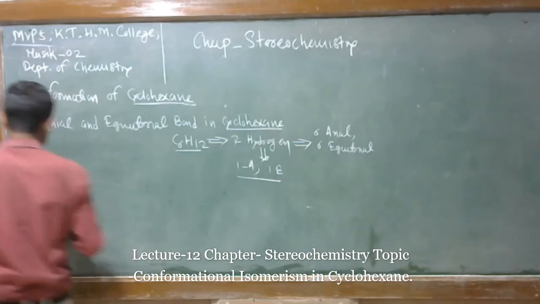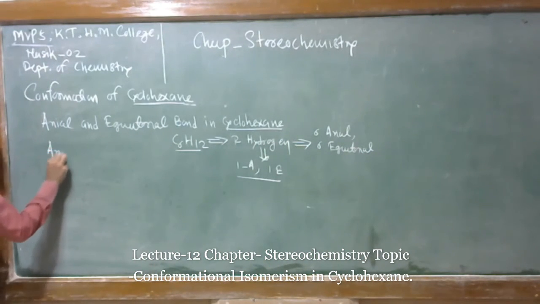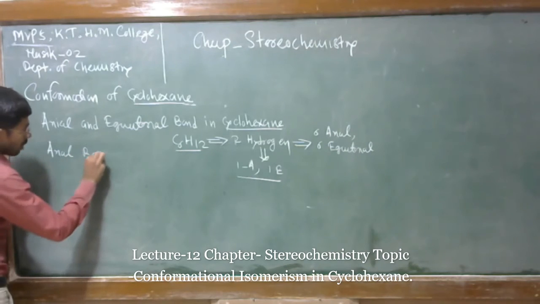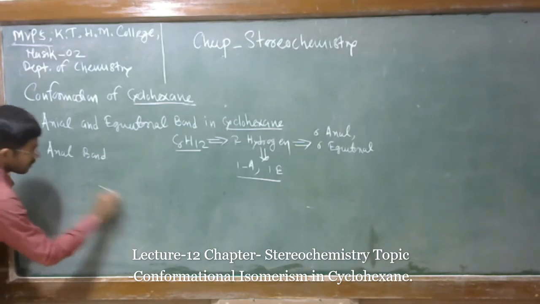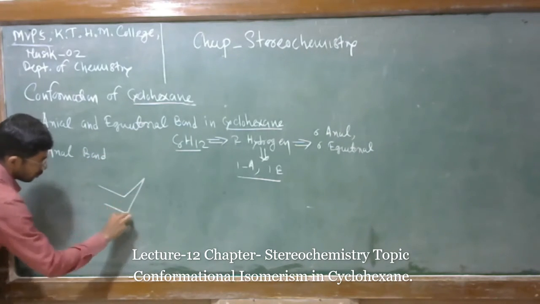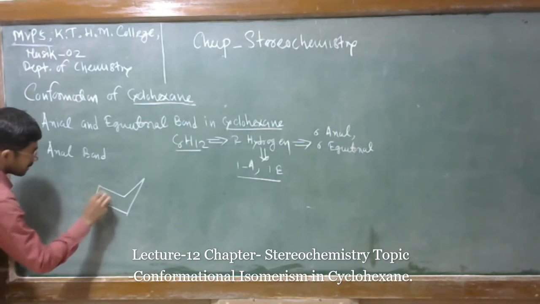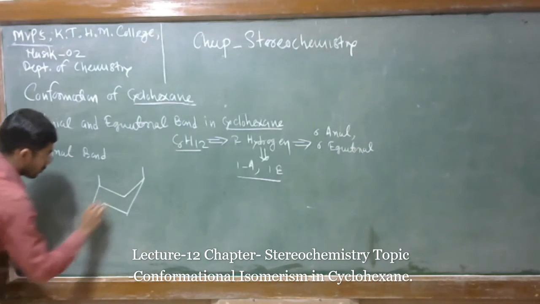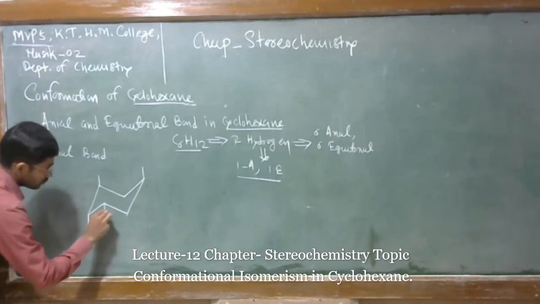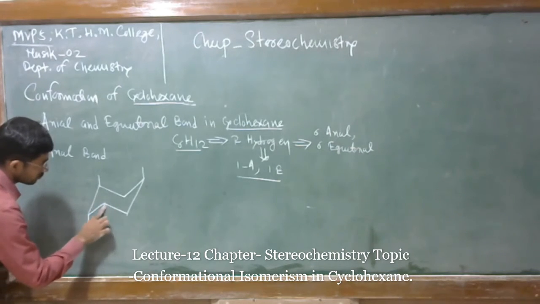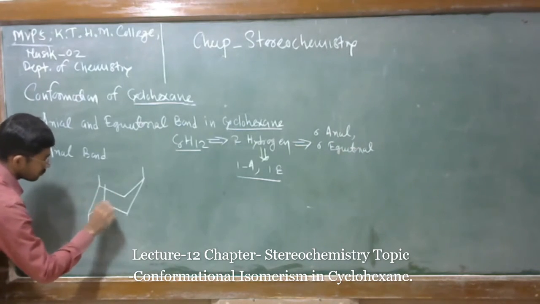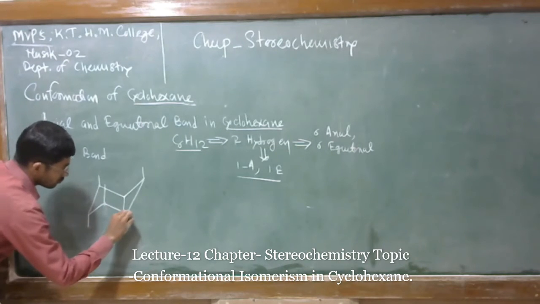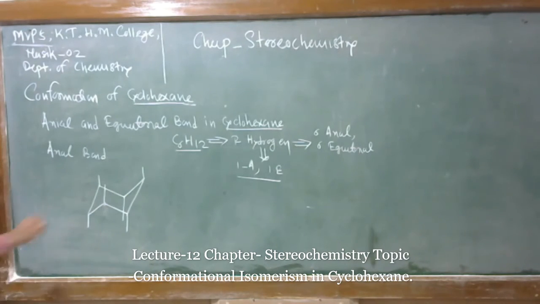So firstly, axial bonds in cyclohexane. These 6 axial bonds we can draw like this.